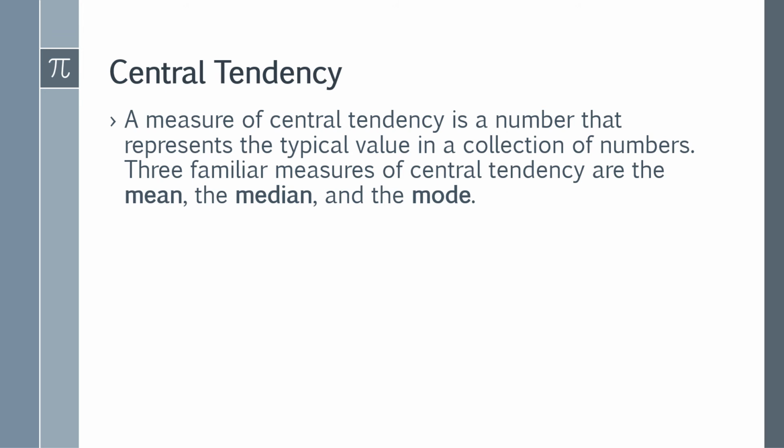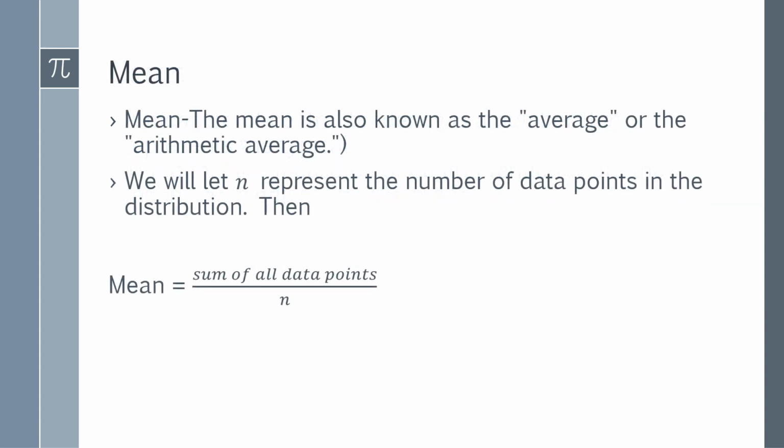So, a central tendency is a measure, a number that represents a typical value of a collection of numbers. Three familiar measures of central tendency are mean, median, and mode. The mean is known as your average or your arithmetic average.